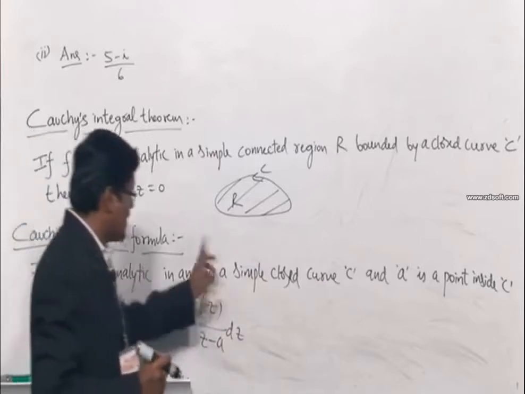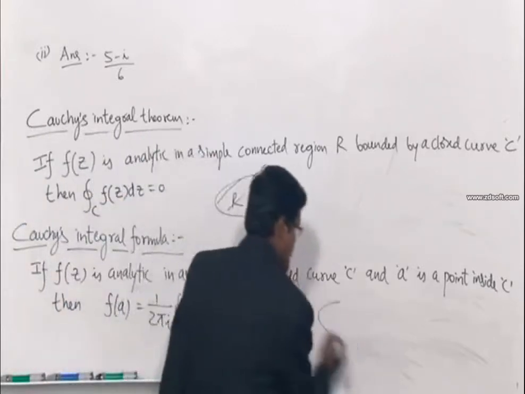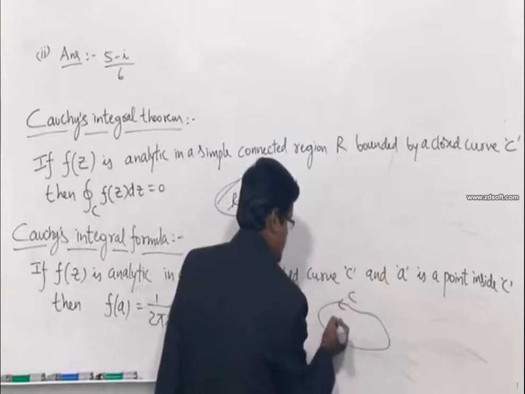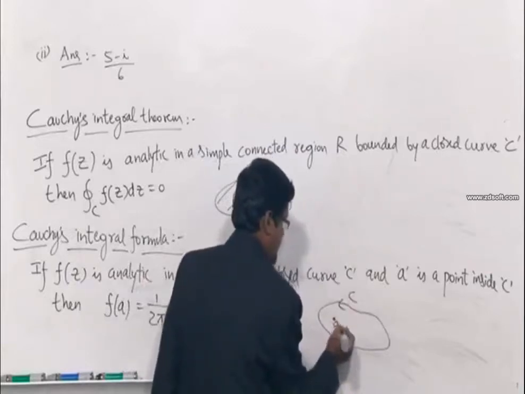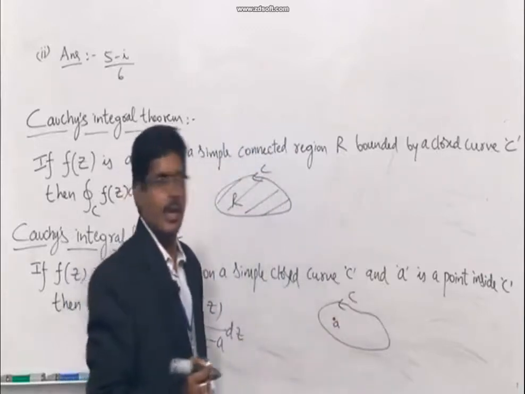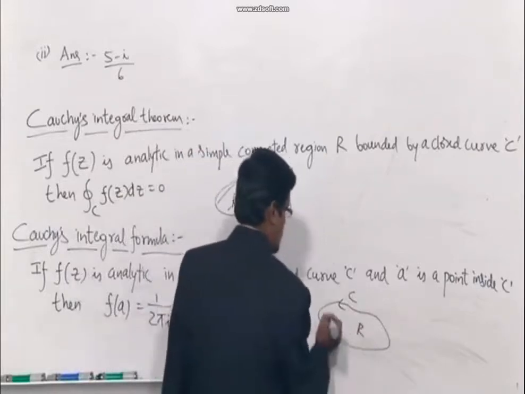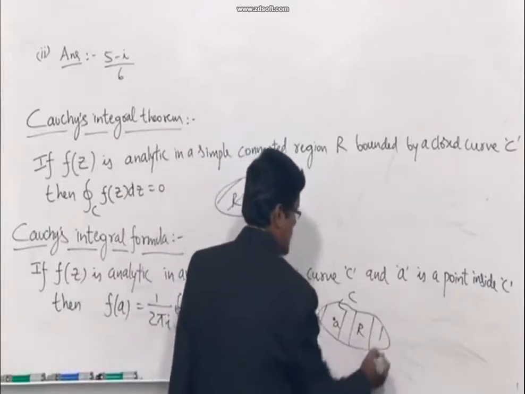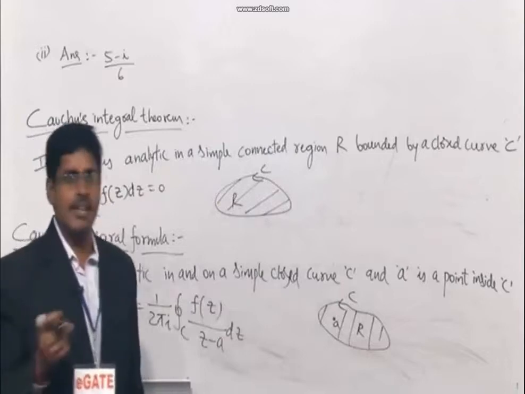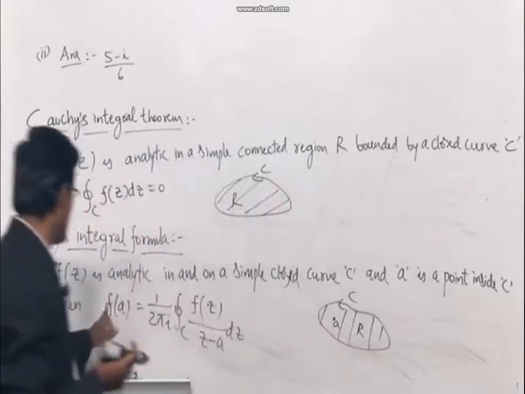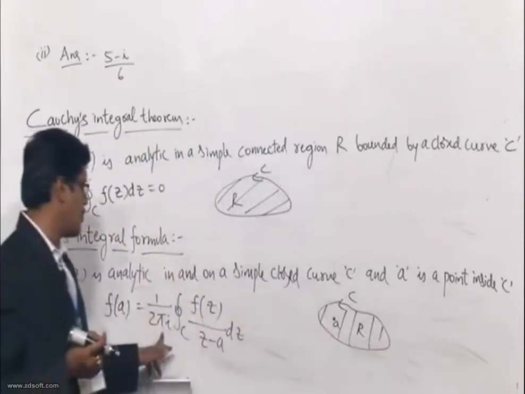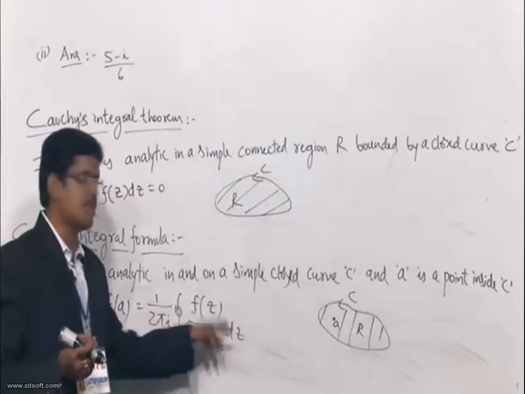See, f of z is analytic in and on a simple closed curve C, and a point inside is denoted by A. So this is the region R, the shaded part. Inside the region I have taken a point A. At this point, how to find the function value? It is 1 over 2 pi i times the integral over C of f of z by z minus a dz.